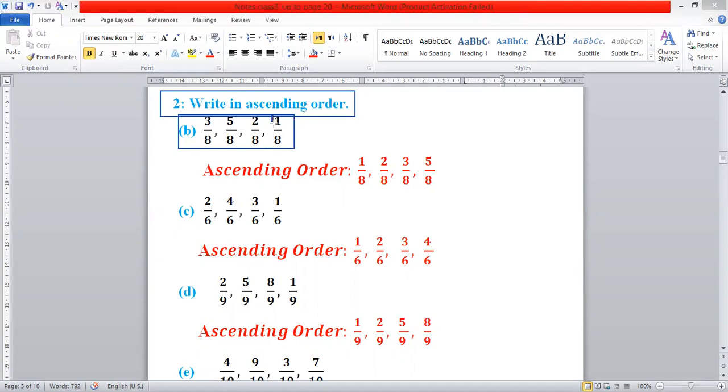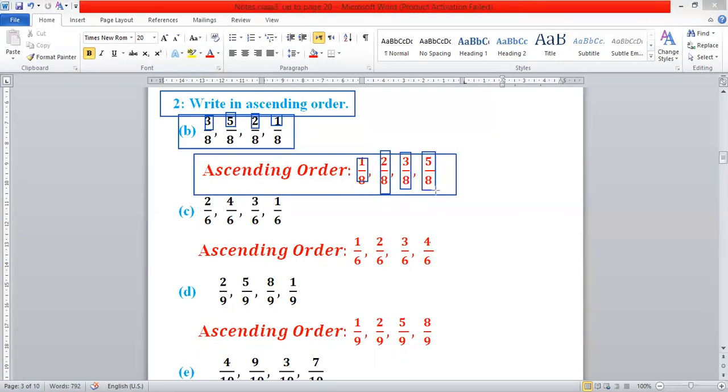The smaller one is 1, then 2, then 3, then 5. Simply remember to write in counting order, like 1, 2, then 3, then 5. So write ascending order: 1 over 8 first, then 2 over 8, then 3 over 8, and then 5 over 8.